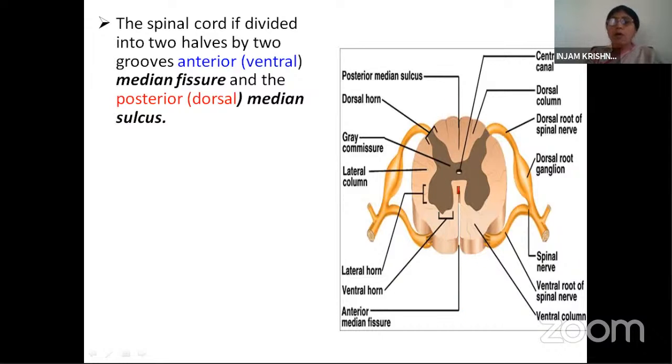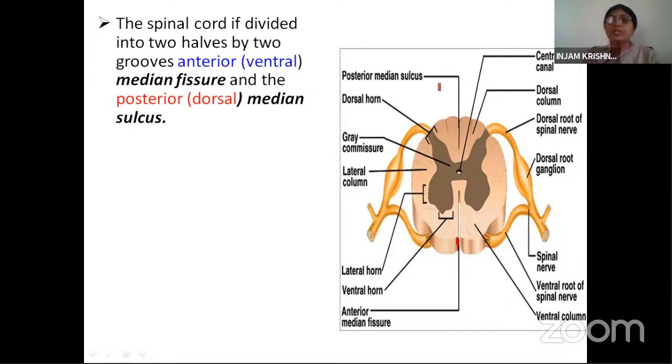Here, two halves. How can we get the two halves? By the median fissure. Anterior median fissure. Are you able to see some space between the two arms? Okay, this is the median fissure. Because of this median fissure, the spinal cord gets divided into two halves.